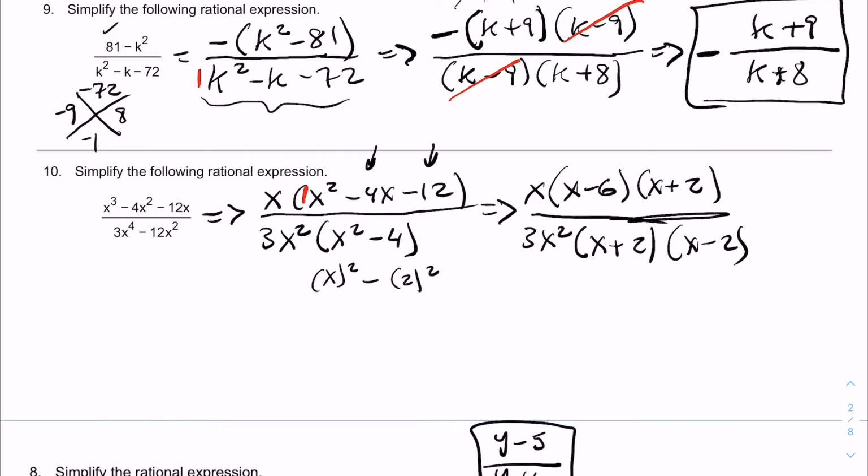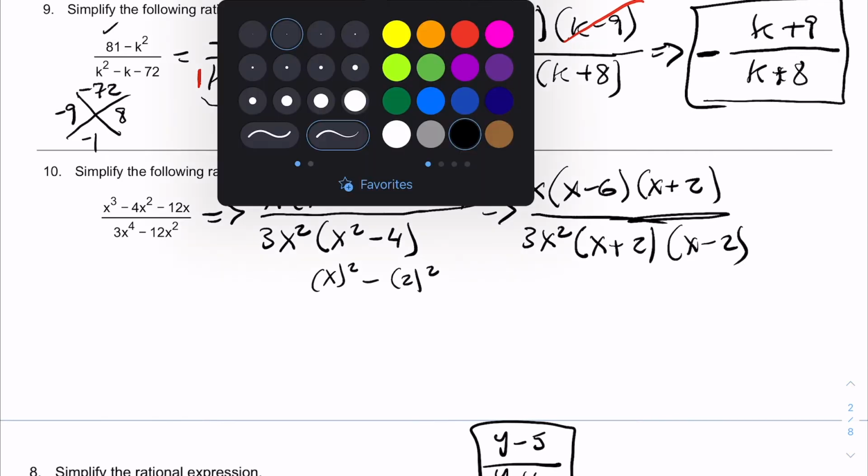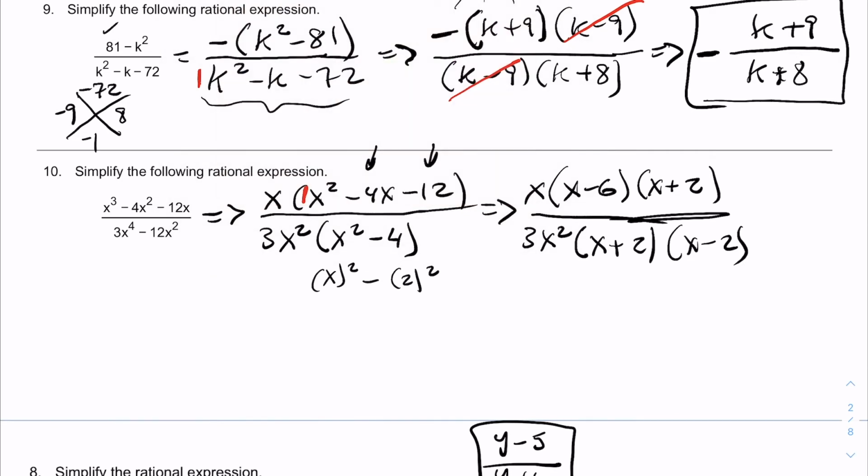Now we have this polynomial written as prime factors, and so if we see any common factors, we want to reduce them in the numerator and denominator, right? So I see x plus 2 and x plus 2. I also see that a common x will reduce with one of these x's, leaving one still.